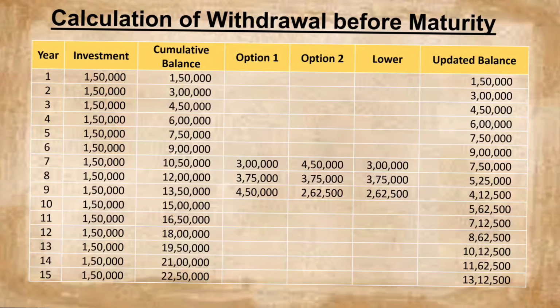So 50% of 6 lakh rupees is 3 lakh rupees, or 50% of the balance available in the previous year, that is 50% of 9 lakh rupees, which is 4.5 lakh rupees. Whichever is lower, 3 lakhs or 4 lakh 50,000, means you are eligible to withdraw 3 lakh rupees.